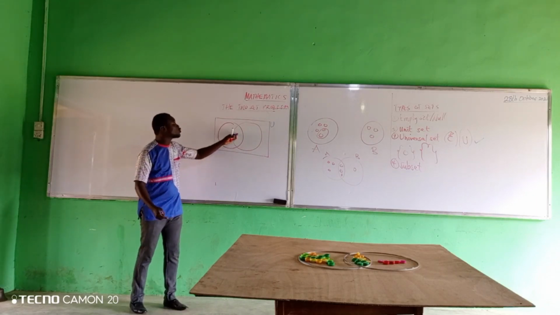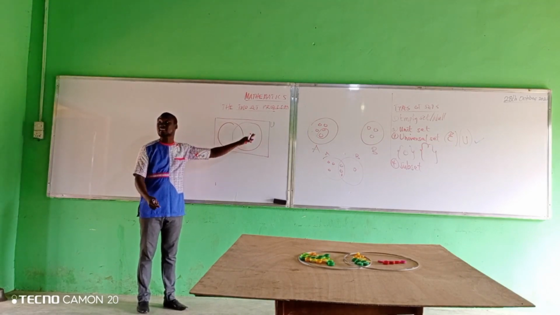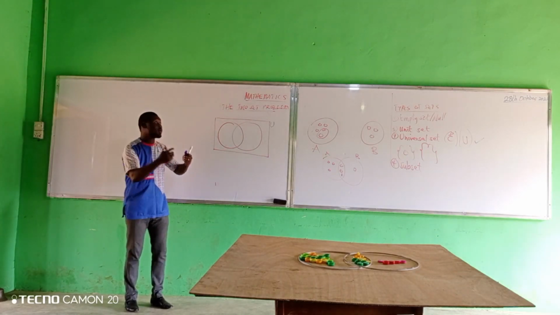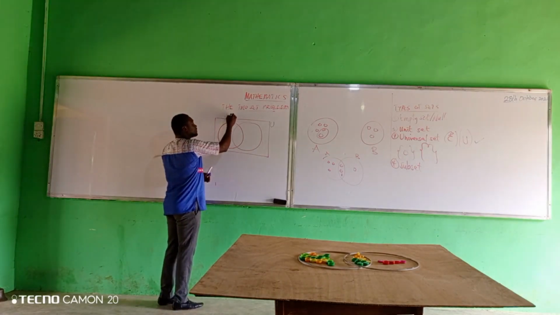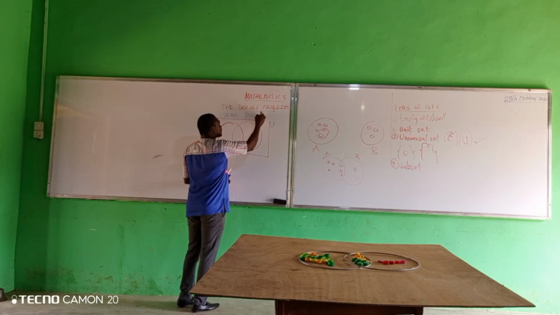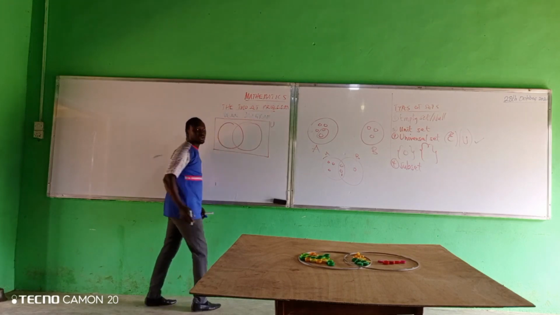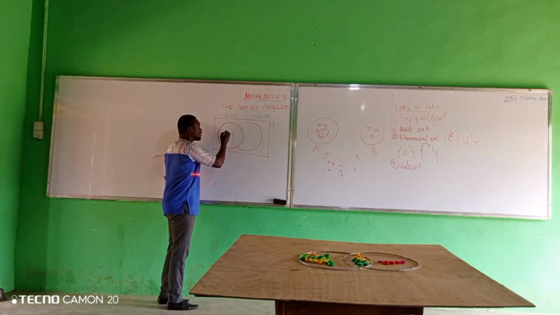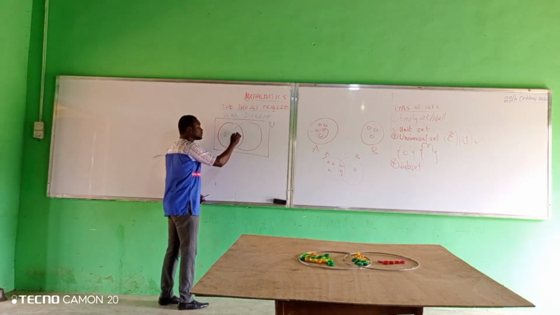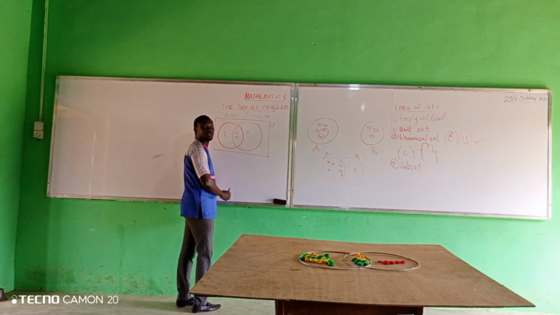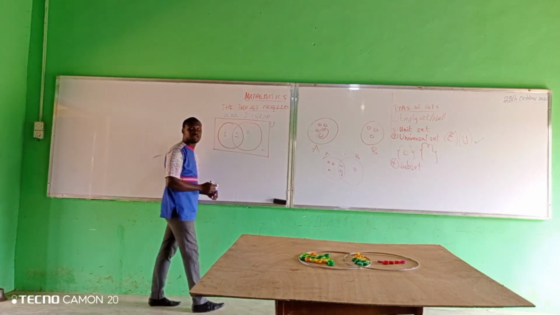This is called a 2 intersecting set, but we also call it the Venn diagram. According to Venn, we have 4 regions. So we have region 1, region 2, region 3, and region 4.